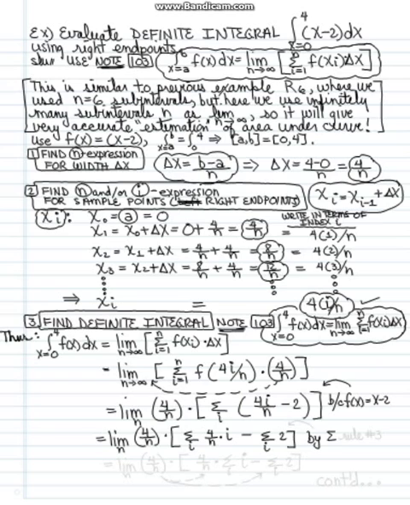Here we use summation rule number 3 that we saw in note 109. Now we take the limit of 4 over n times the sum of 4 over n times the sum of i minus the sum of 2. How did we do that? That was just pulling the constant outside of the summation. Now we're going to bring the 4 over n back in the next video.